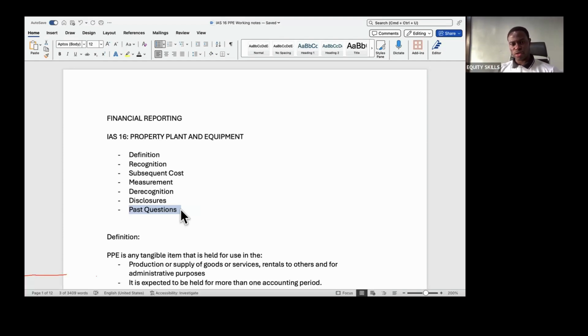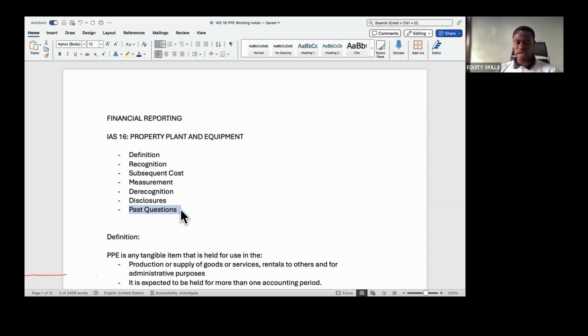Then we move on to subsequent measurement, which is the measurement at the end of the year. And I told you that for subsequent measurement, we use two models to do that. We have the cost model, and we have the revaluation model. These two models, both the cost model and the revaluation model, will help us determine the carrying amount of the assets.